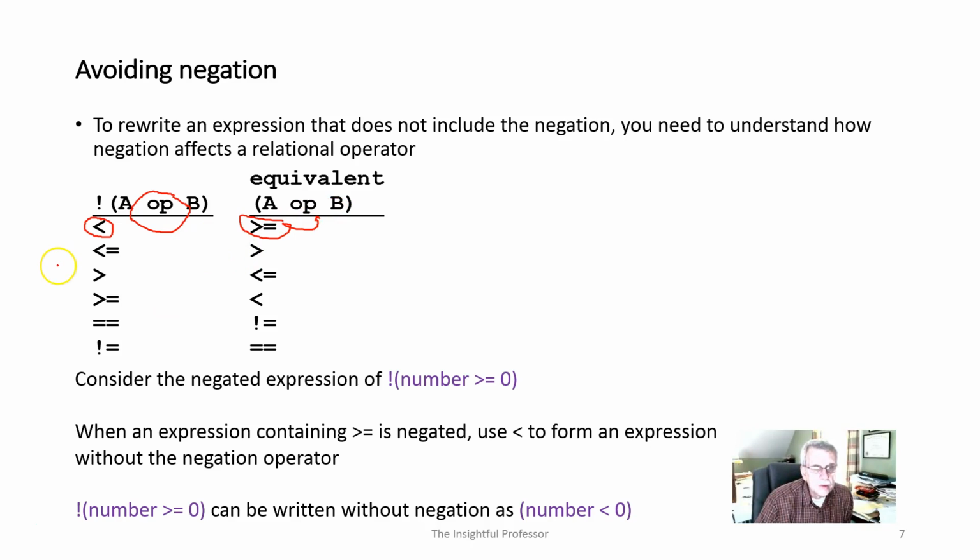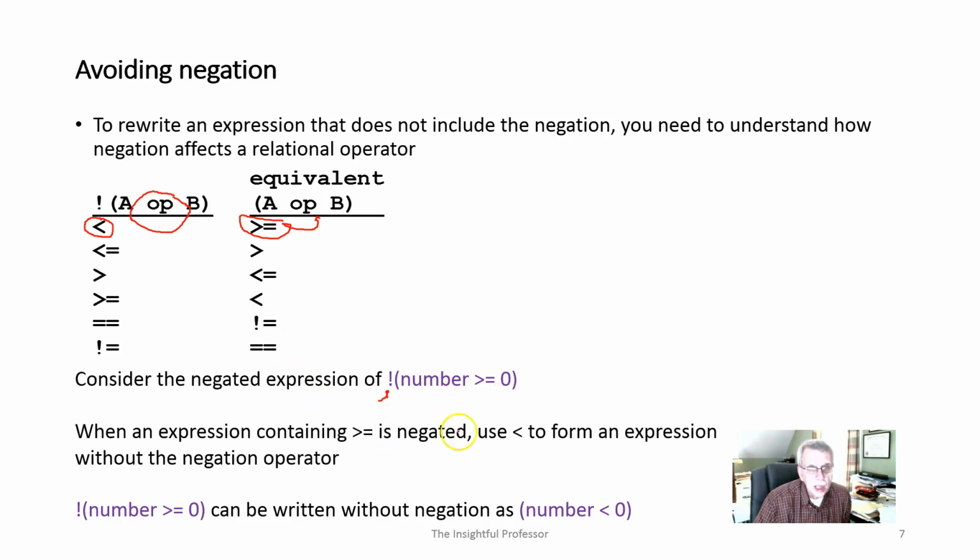And this little table gives you a quick guide as to how this would be accomplished for the other operators. It's a little tricky, so let me give you an example. Consider we've got an expression, number is greater than or equal to 0, and this is negated. So we're saying not number greater than or equal to 0.